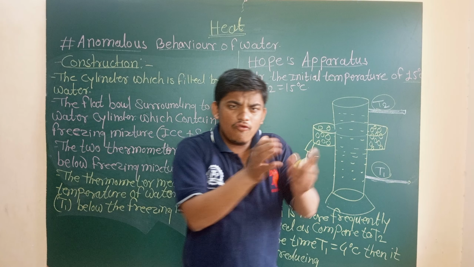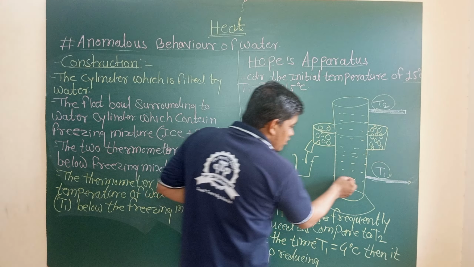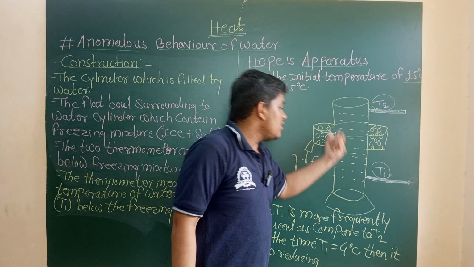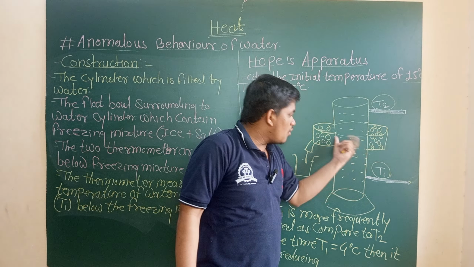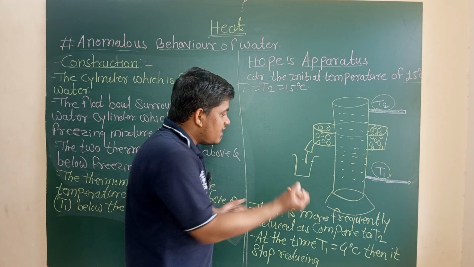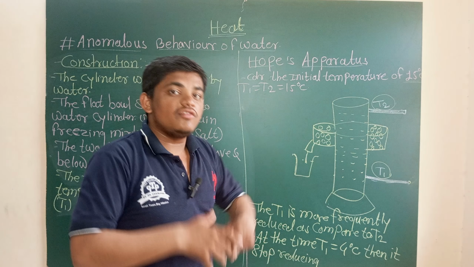Because in the range of 4 degrees Celsius to 0 degrees Celsius, water expands. That means the water at 4 degrees Celsius gets cooled again, and after 4 degrees Celsius it expands. If it expands, the volume of the water is increased.